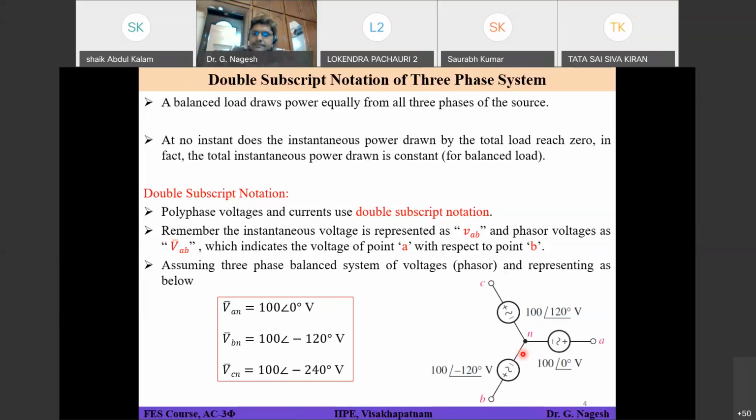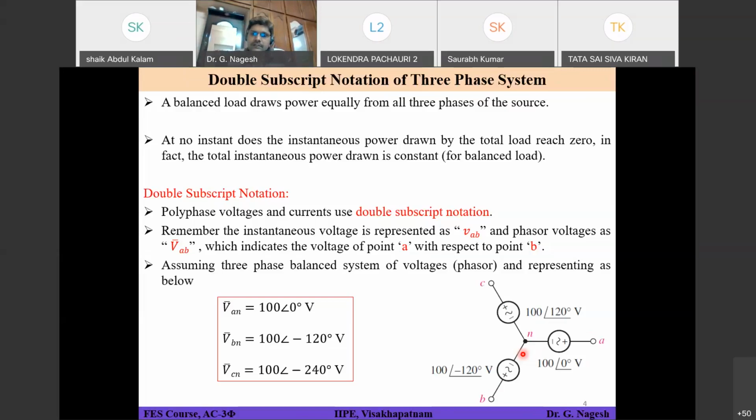Is it clear? Your question is why it is 3, why it is 120, but I am explaining why it is first 360. The 360 degrees in a single phase system time period, which is 2 pi radians or 360 degrees, is actually coming from your generator.